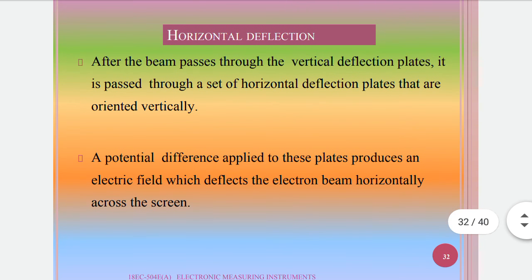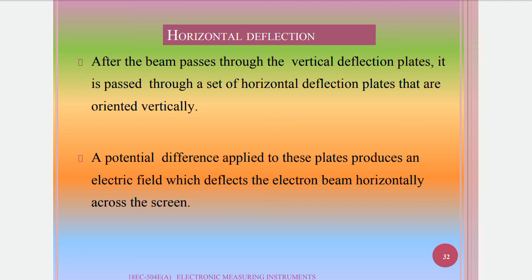Coming to the horizontal deflection. After the beam passes through the vertical deflection plates, it passes through a set of horizontal deflection plates that are oriented vertically.